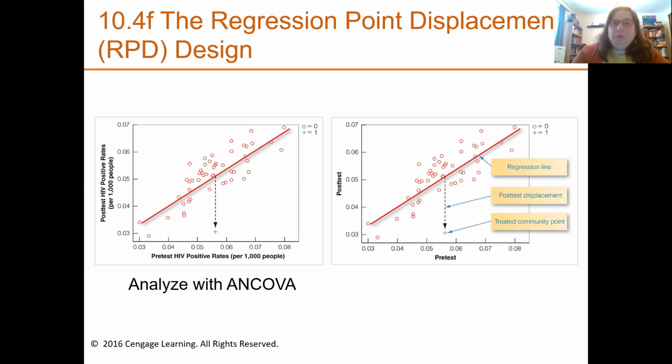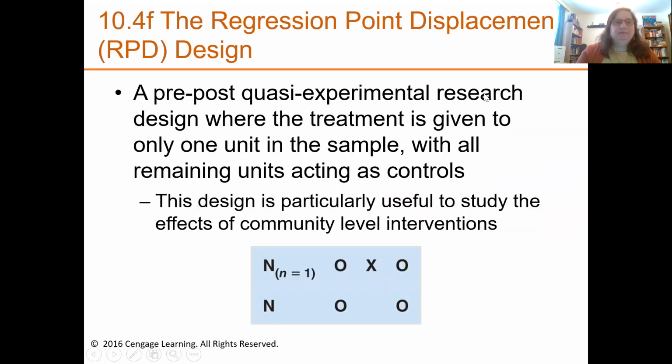Let's say we're analyzing this with an ANCOVA, right? Okay, let me go back. We're going to analyze this with an ANCOVA. So we're going to go ahead and have as our two groups Philadelphia and surrounding cities. Okay, we'll pick several surrounding cities that you like.